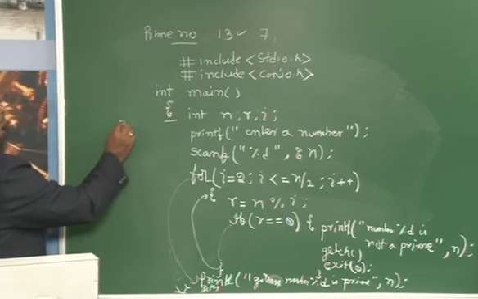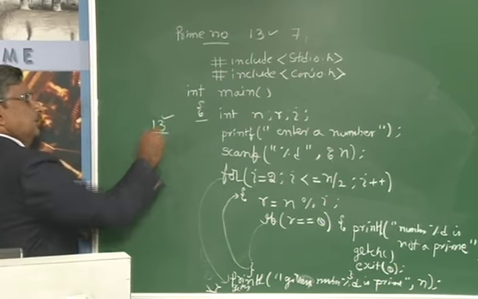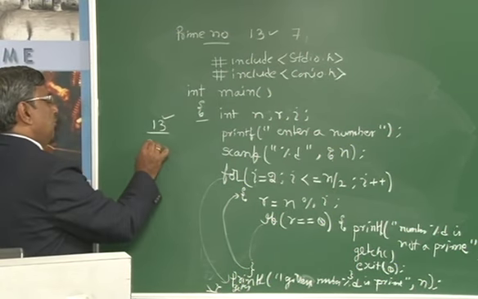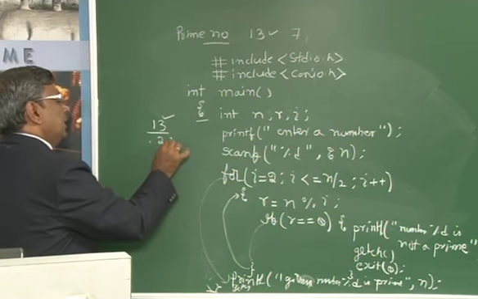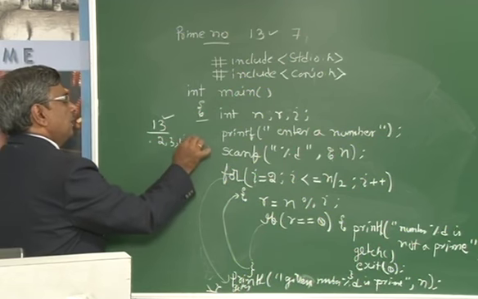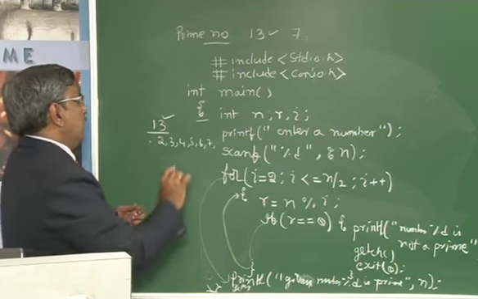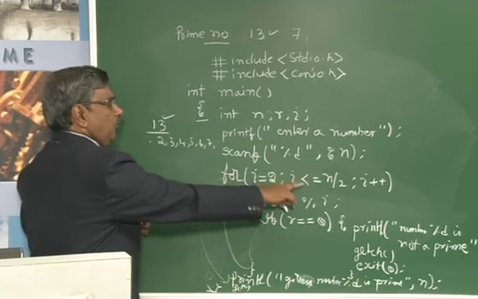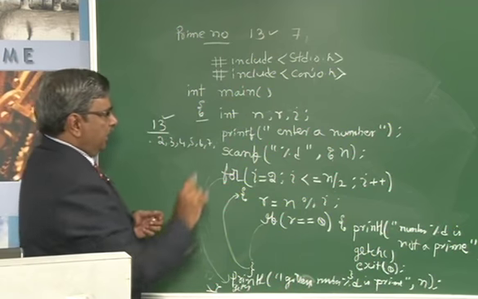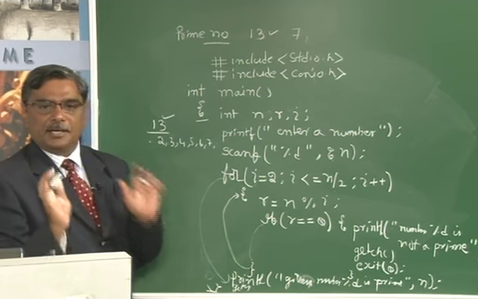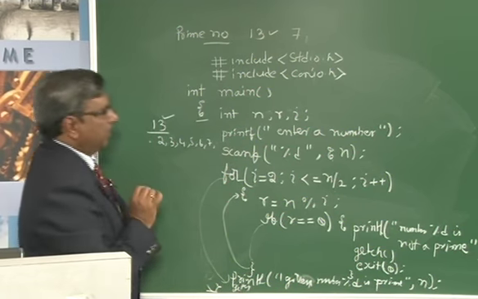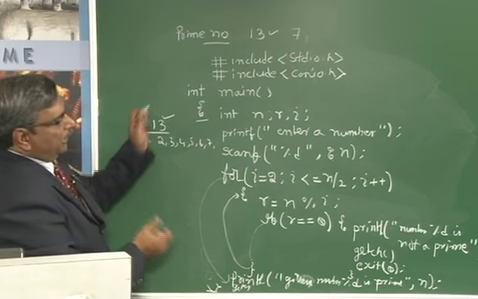If you give any number, say 13, it will check divide by 2, divide by 3, divide by 4, 5, 6, 7, up to half. After this, whenever half of that number is reached, it is implied the given number is prime. Control goes and prints. So this is the logic that can be used.